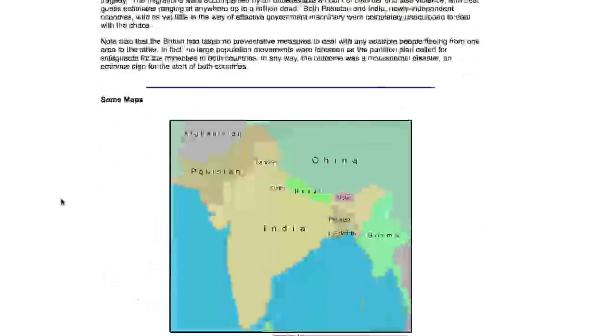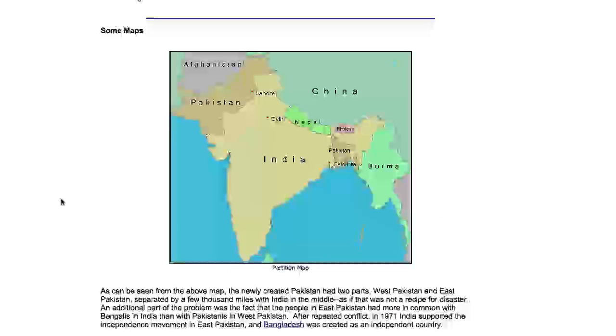Now, once the decision was really made to go the independence route, the next question was, what kind of state are you going to set up? How do you set up a country? And let me scroll down, and so here's the simplified map of what was set up. Basically, the subcontinent was divided into technically two pieces, but in reality, three pieces.